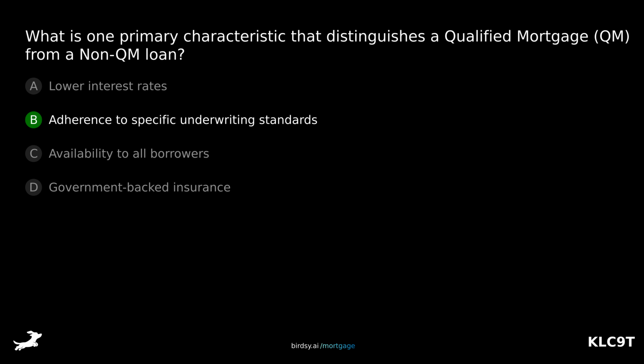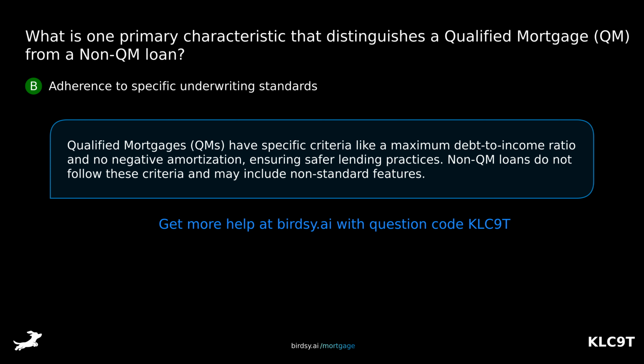The answer is B, adherence to specific underwriting standards. Qualified mortgages have specific criteria, like a maximum debt-to-income ratio and no negative amortization, ensuring safer lending practices. Non-QM loans do not follow these criteria and may include non-standard features.